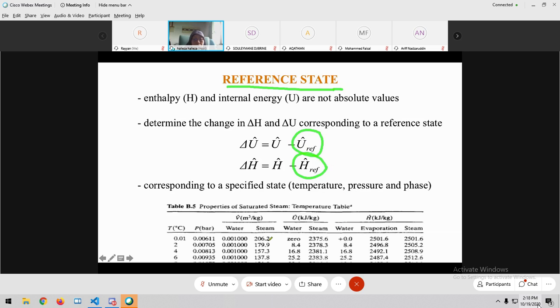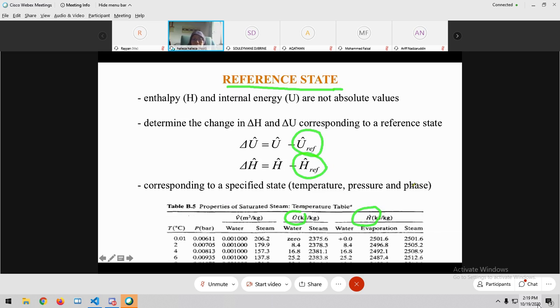If you look at table B5, which is the property table of saturated steam, what is the reference state? For your saturated steam table, what is the reference state for your internal energy, and also for your enthalpy?